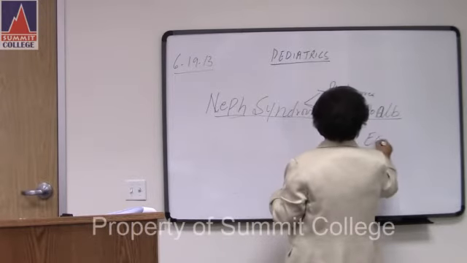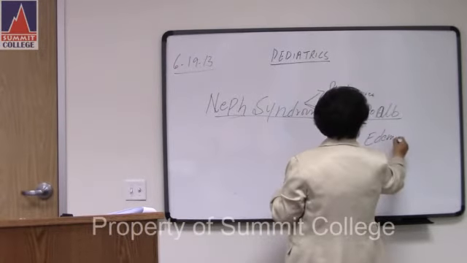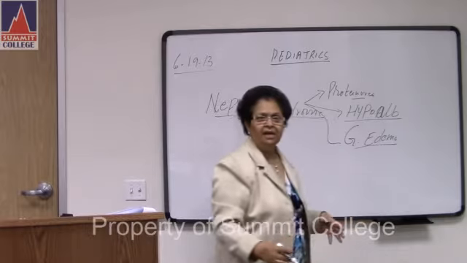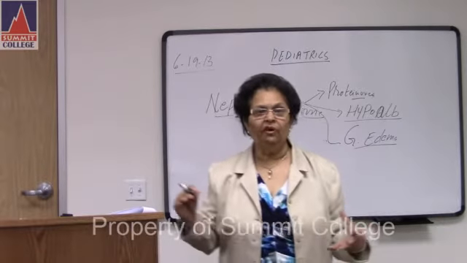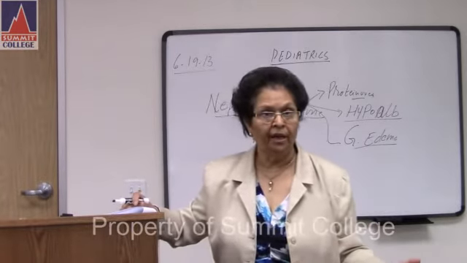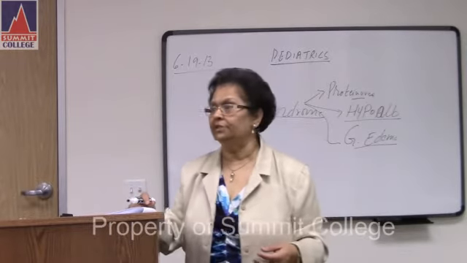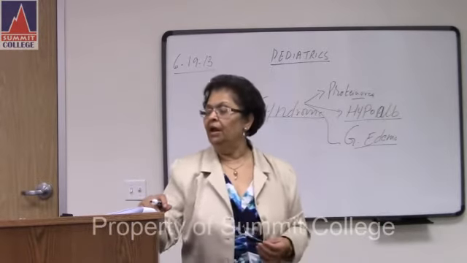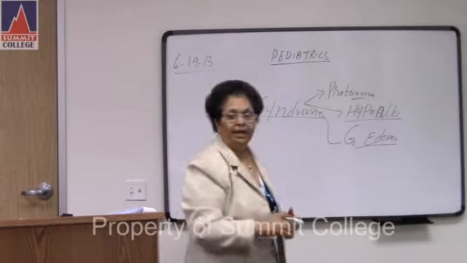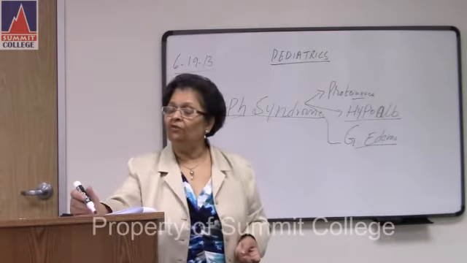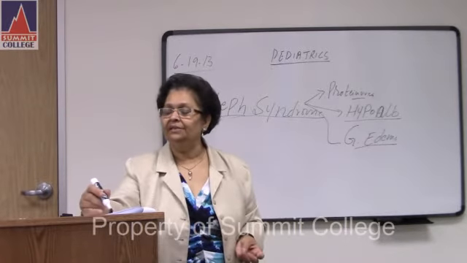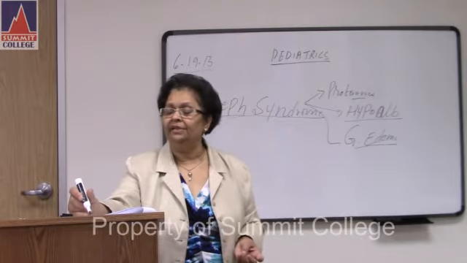Generalized edema. That means their face is round, their legs, and maybe the scrotal area, because it's all over, the children are retaining fluid. And maybe the word is ascites. So I want you to highlight generalized edema, write it, highlight the word ascites.